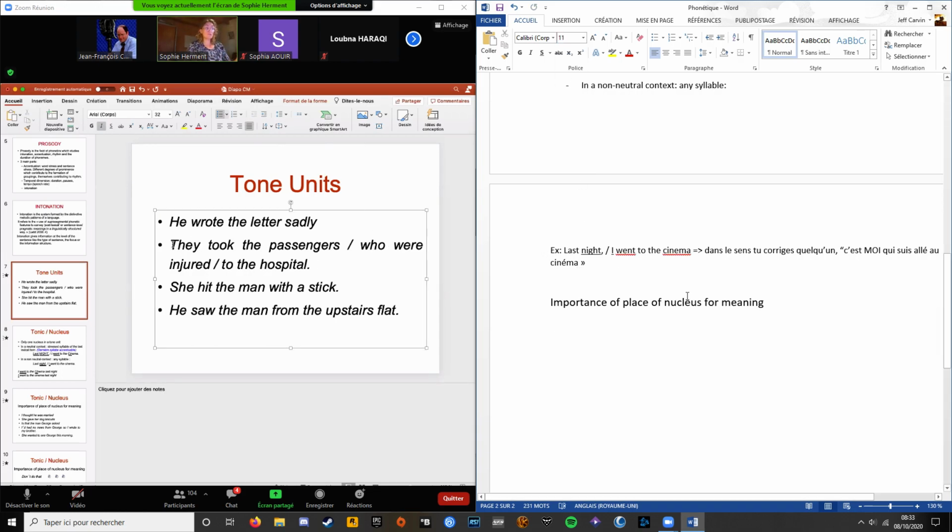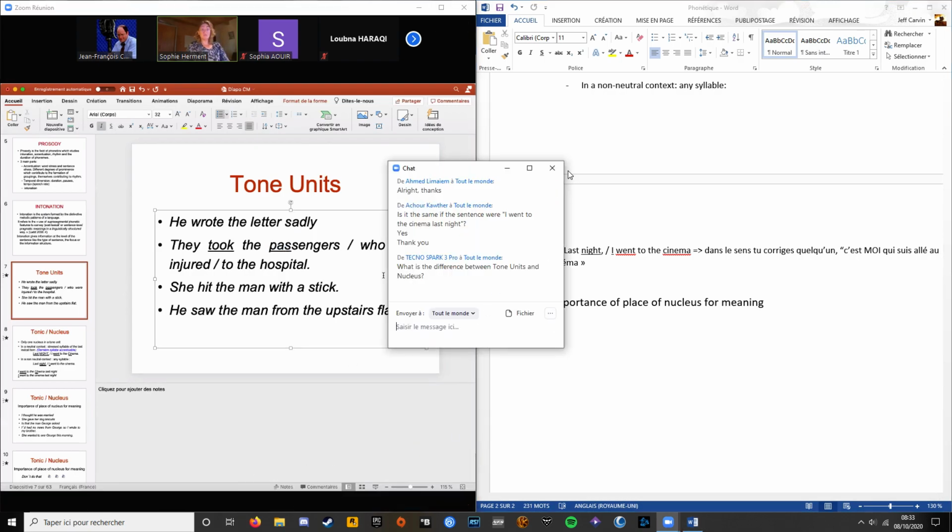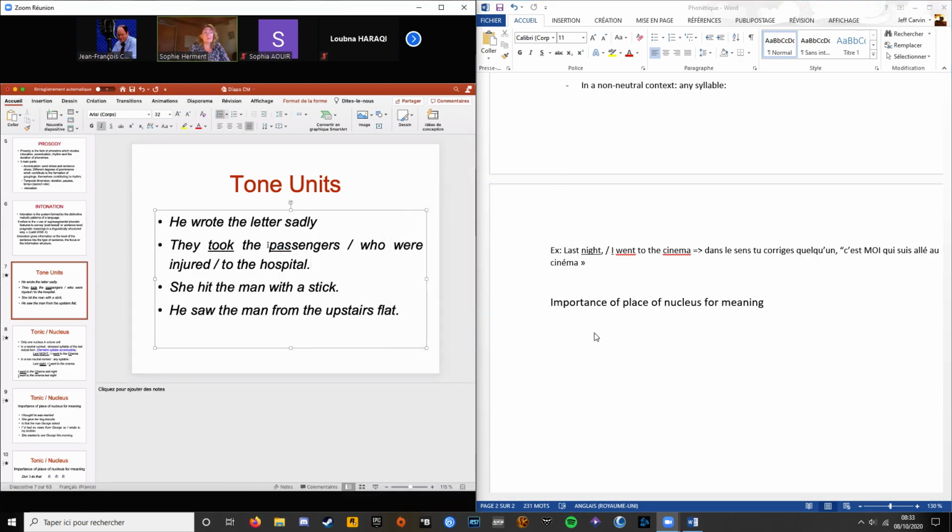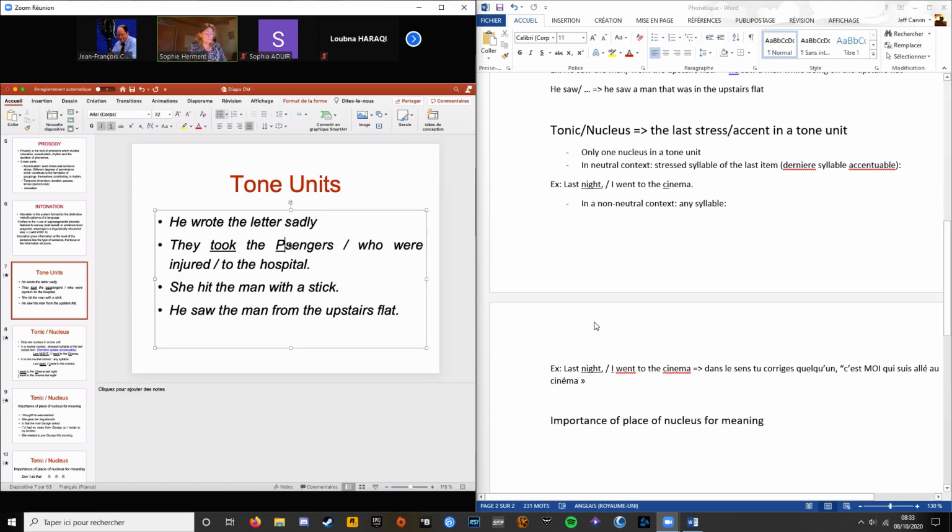Where would be your nucleus here in the first one? Well, you look at the sentence stresses and you say, I have a sentence stress here on took and another one here on passengers. So the nucleus is the last one. The nucleus is passengers. In the second one, who were injured, I only have 1 sentence stress.